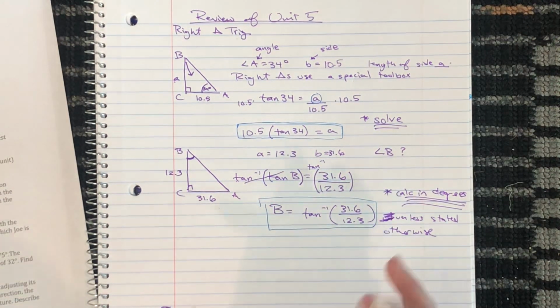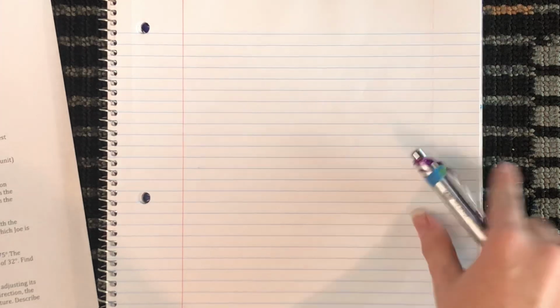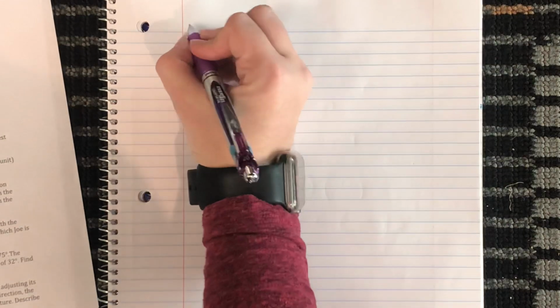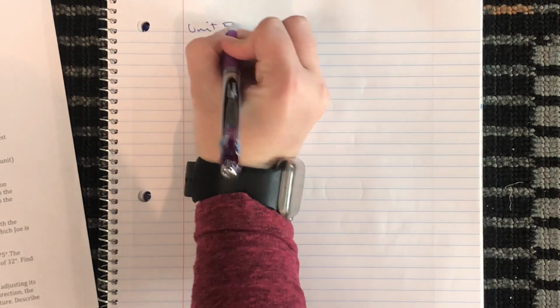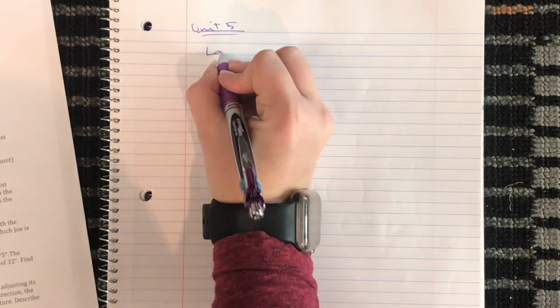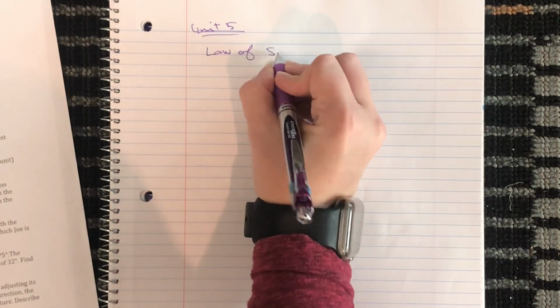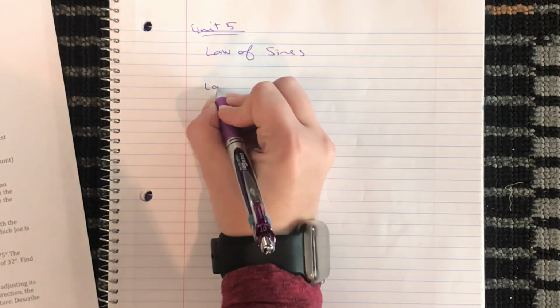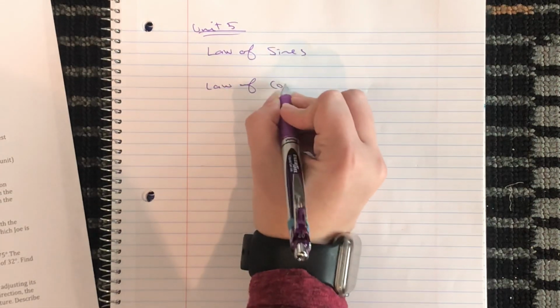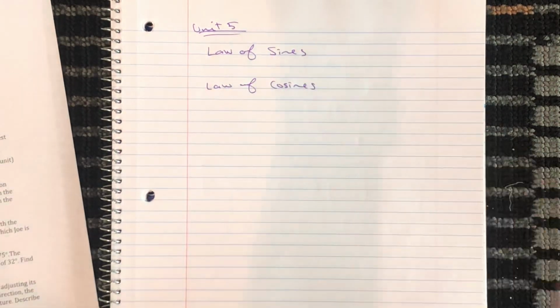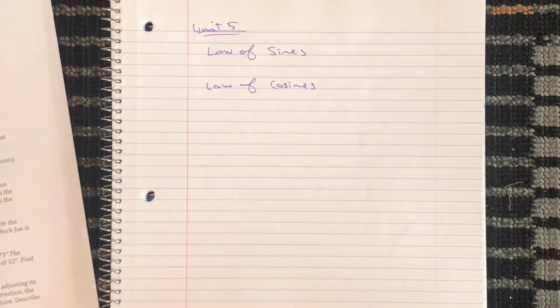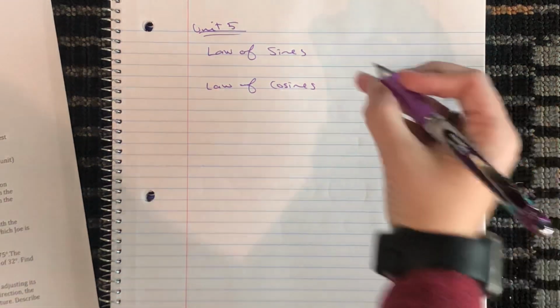Okay, so that's right triangle trig. I have a couple more things I want to remind us of here. For right triangle trig, and for Unit 5 in general, you've got a couple other things you've got to make sure you know. Law of sines and law of cosines, like this. Okay, so your law of sines, we could go back through that derivation, but I know you don't want to.